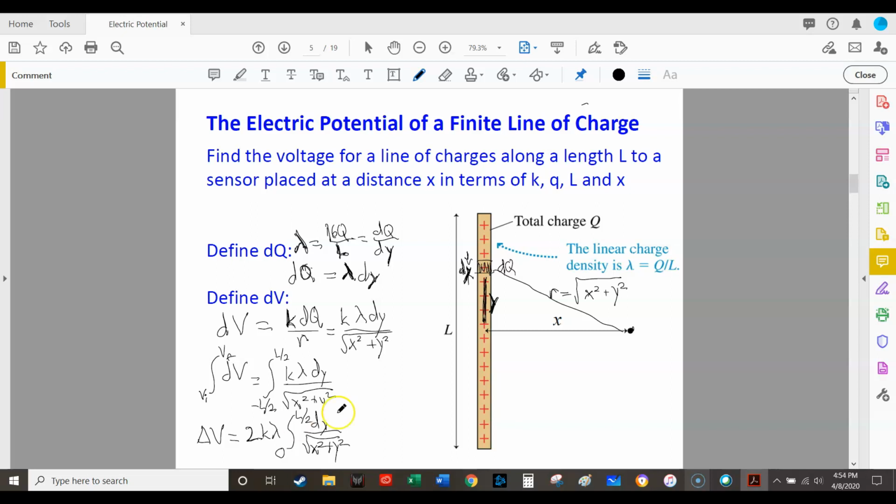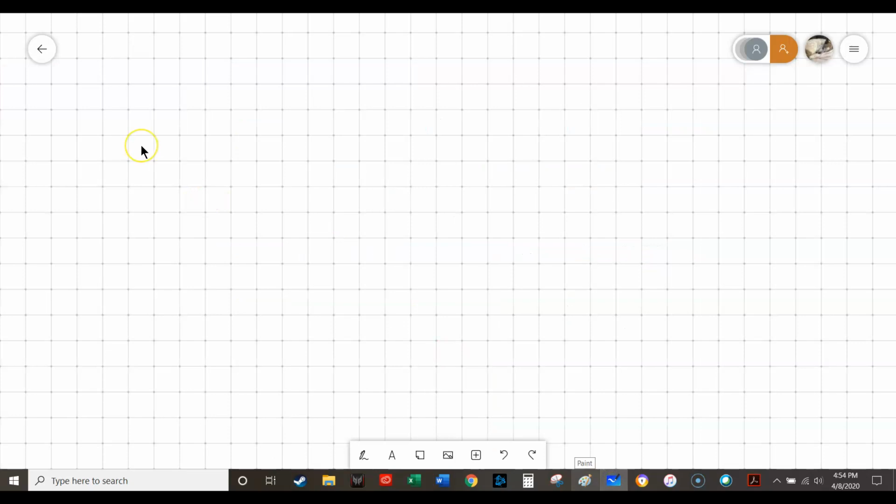Obviously we're running out of room, so I want to move to Microsoft Whiteboard, and I'm going to copy this base equation to that, just as it appears.